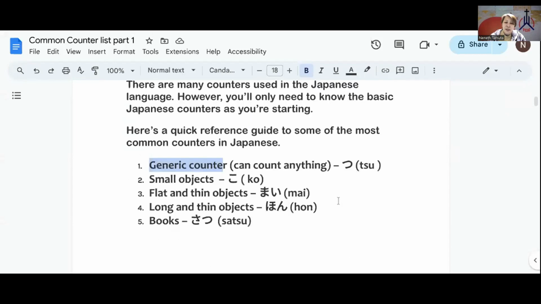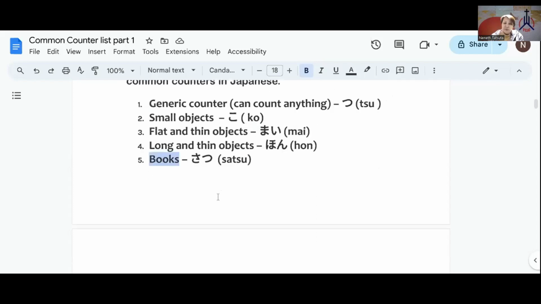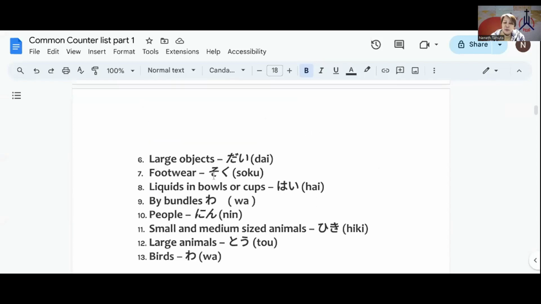So, for example, for small objects, we call it ko. For flat and thin objects, it is mai. For long and thin objects, hon. For books, it is satsu. For large objects, it is dai.